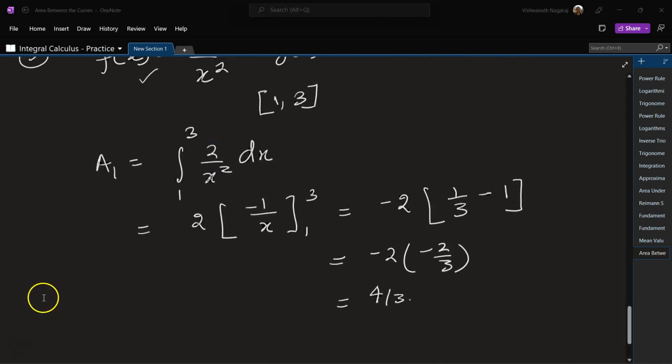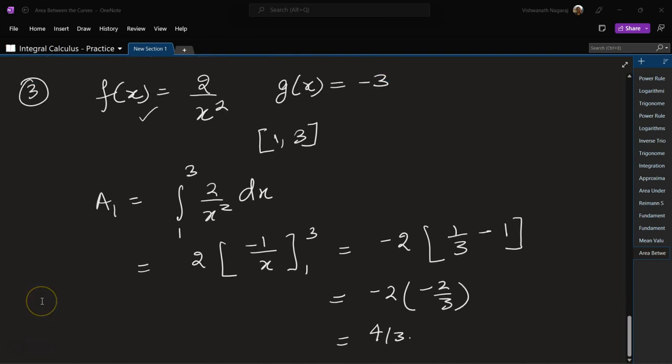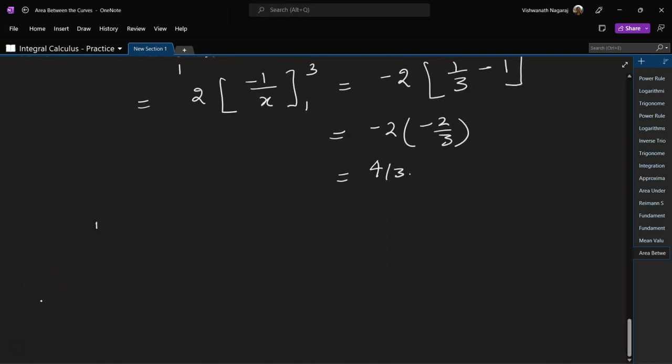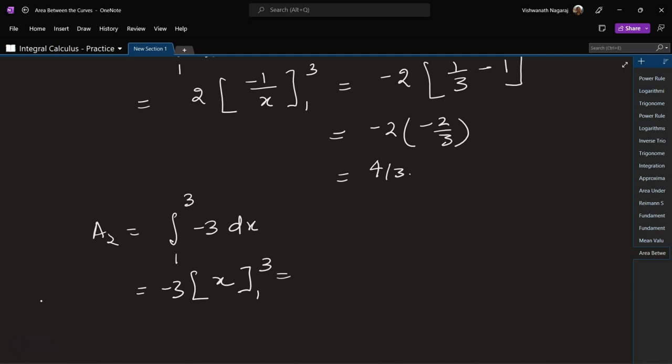Now let's look at the area under g of x equal to -3. So area 2 is going to be the integral from 1 to 3 of -3 dx, which gives us -3, we can take it out, x from 1 to 3, which gives us -3 times 3 minus 1, which gives us -3 times 2, which is -6.